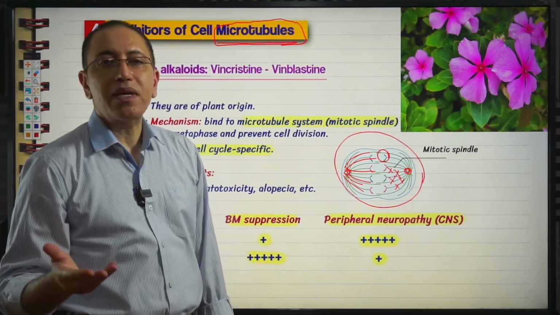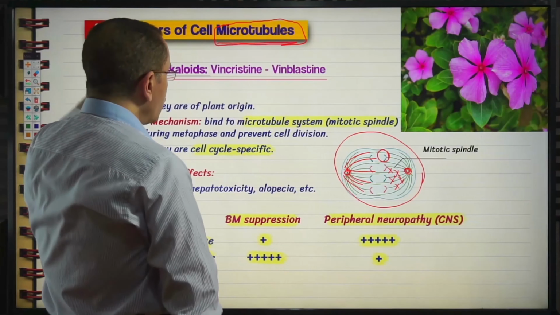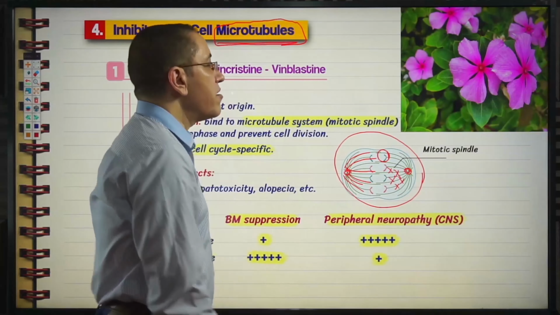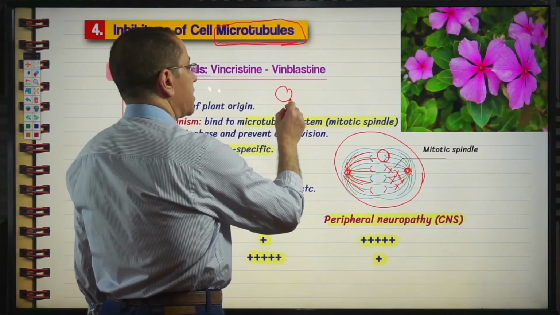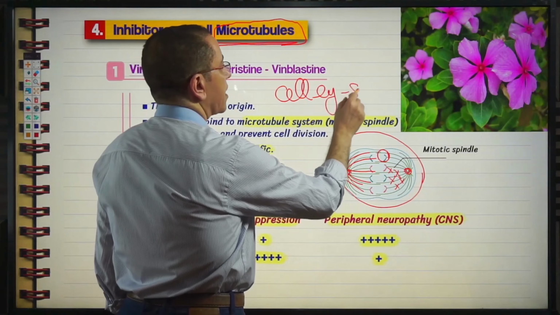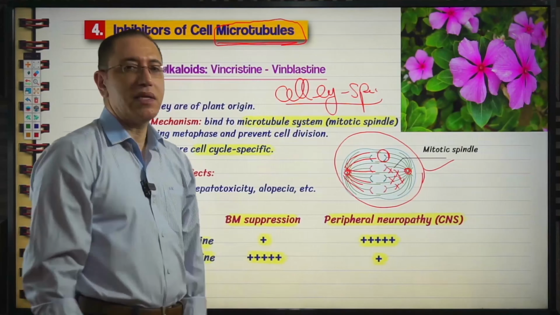The answer is, all of this family called microtubules inhibitors, since they attach to mitotic spindles, are classified as cell cycle specific because they don't work except in this stage, the stage of microtubules formation.